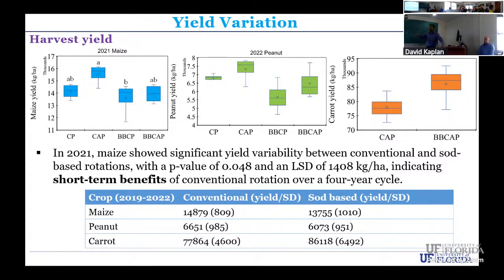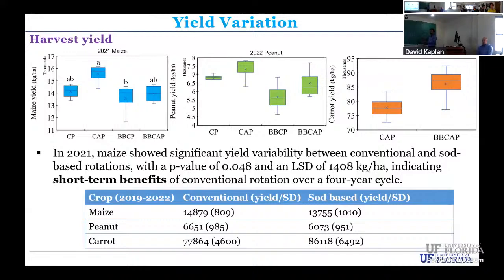So in the first year, when all the quadrants have a corn crop, you can see conventional definitely has higher yield, actually significantly higher yield, versus the bahiagrass. And we consider this a short-term benefit, right? Because if you continue with this bahiagrass approach for a longer time, your soil health will improve, your nutrient holding capacity will improve, your water holding capacity will improve, and then you will see better yield benefits compared to conventional.